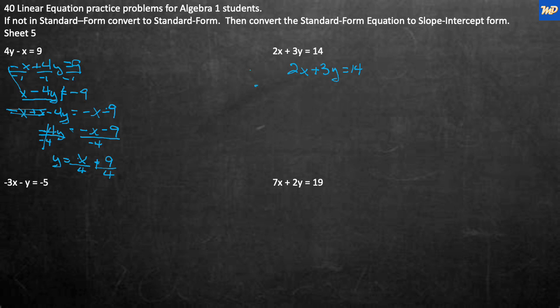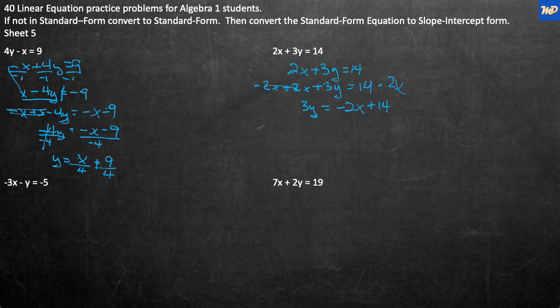So minus 2x plus 2x plus 3y equals 14 minus 2x. I wrote those out of order. I'll fix it next time. These cancel. I have 3y is equal to minus 2x. I just move the x to the front now. And plus 14.